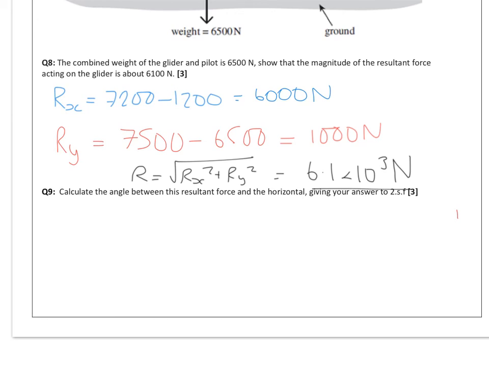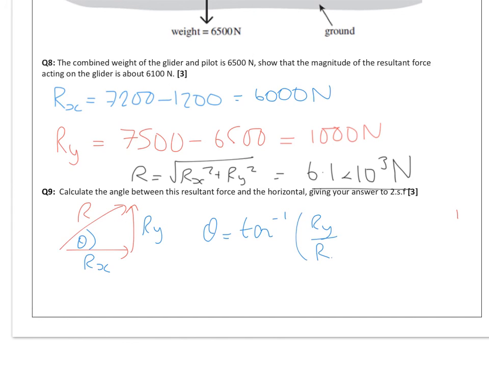So let's draw a diagram of what these two forces look like. We've got a resultant is this one. This was Ry and this is Rx, because this is in the x direction. It wants the angle to the horizontal, so it wants that one in there. So we know that we take the tan of the angle, it's going to be opposite, so Ry over Rx.